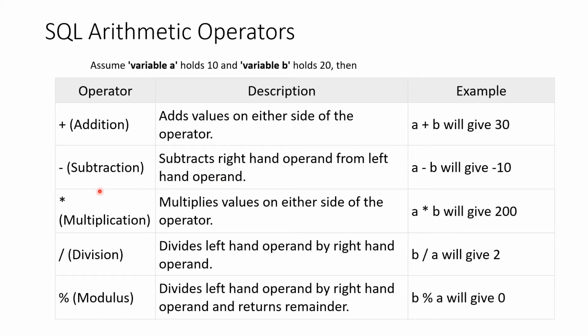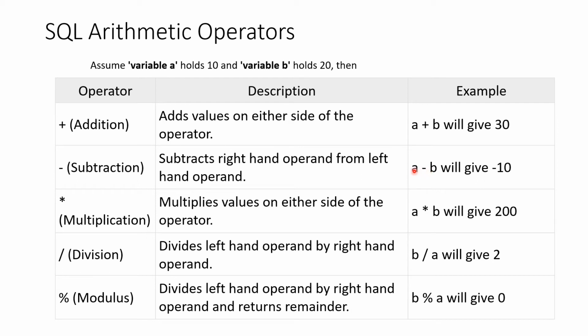Then subtraction. So a minus b means the first is the bigger one and the second will be subtracted from the first operand. So it will give minus 10. Why? Because the first value is 10 and the other value is 20.